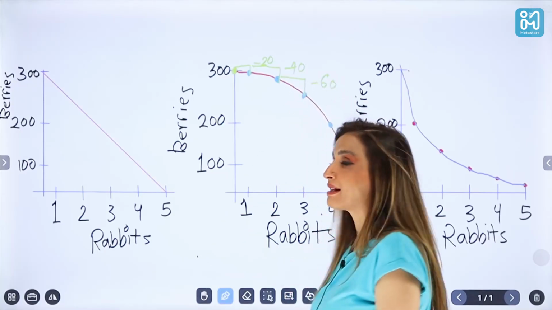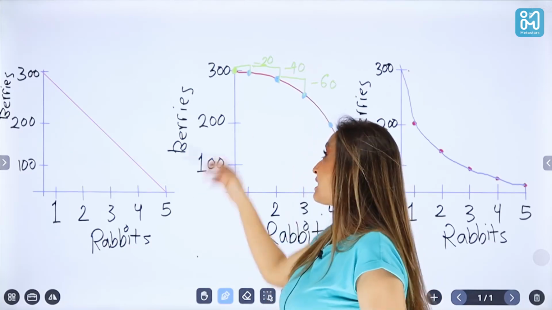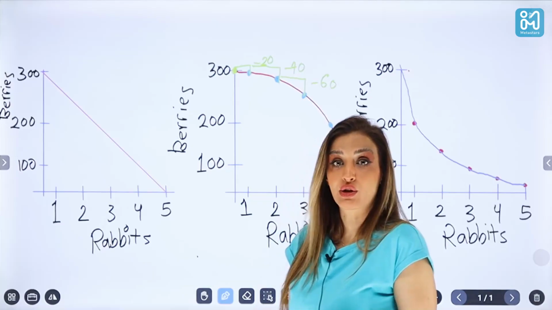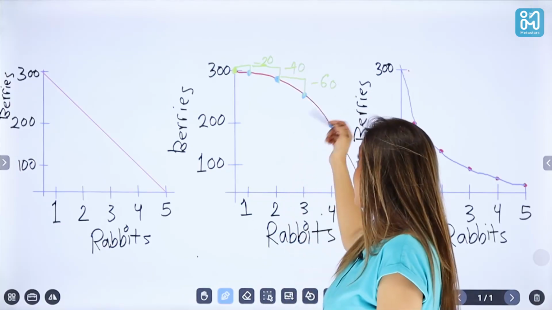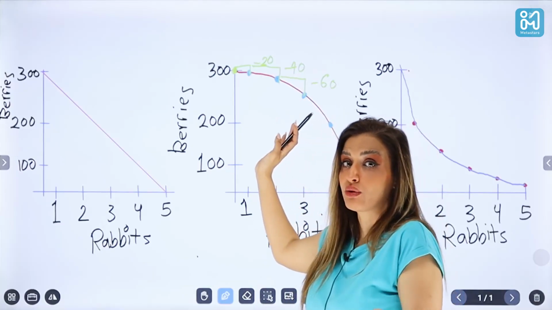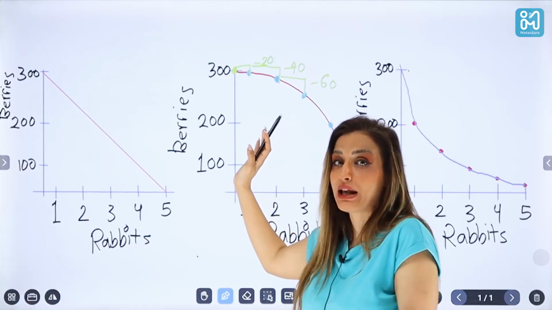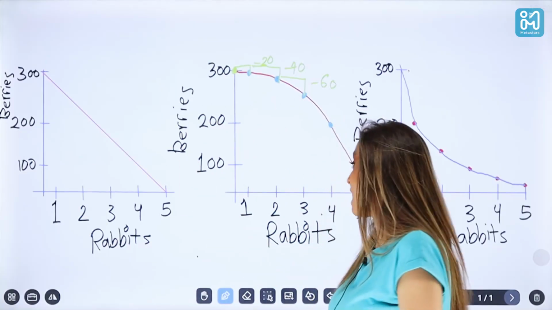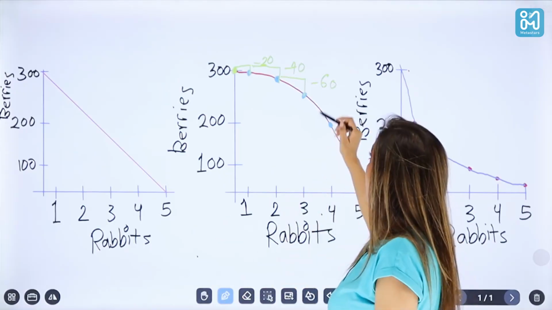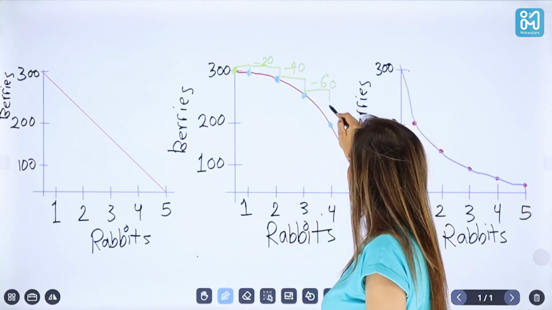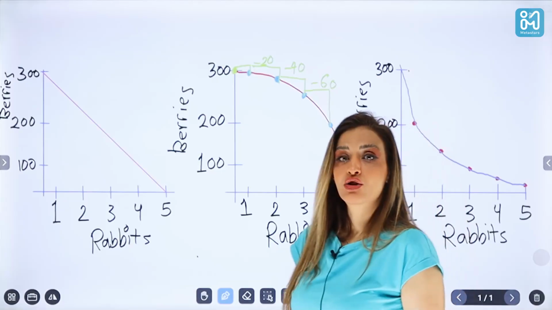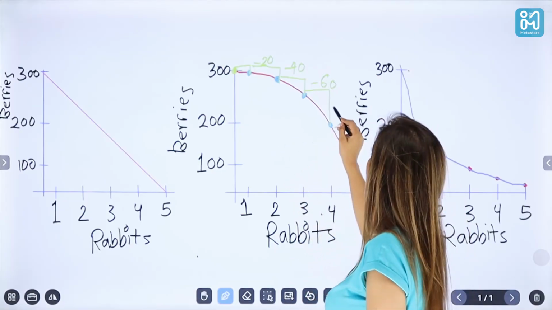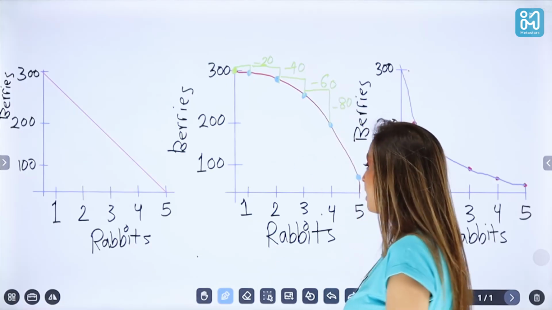Here I sacrificed 60 of my berries in order to catch 3 rabbits, so my opportunity cost here is 60. If I move downward more to catch 4 rabbits, your opportunity cost will be 80 berries.